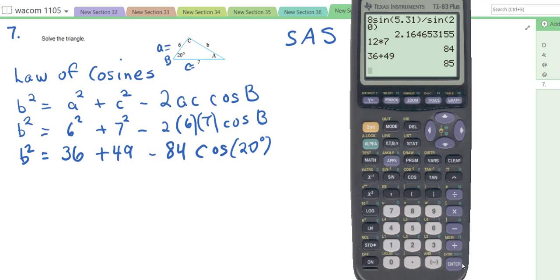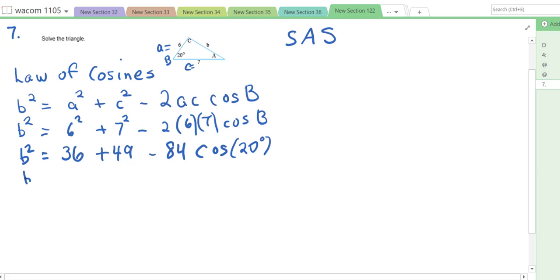So I've got 85, B squared equals 85 minus 84 cosine of 20.